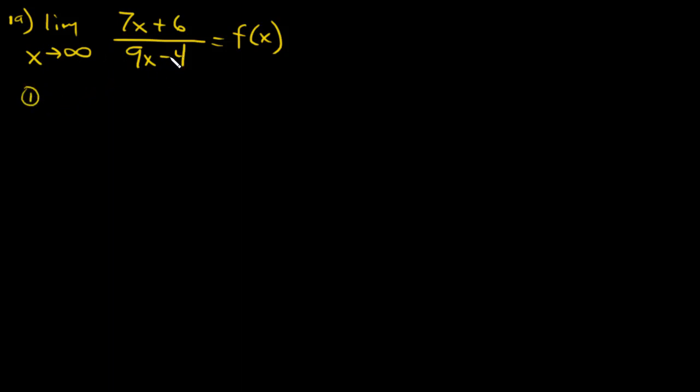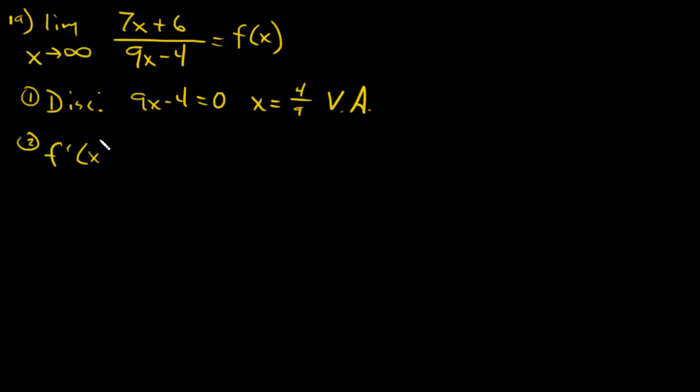Step 1, are there any discontinuities? Yes, there are. Because when I set 9x minus 4 equal to 0, I can solve out and x is equal to 4/9. Okay, that is where I have a vertical asymptote. Okay, so step 2, f prime of x.